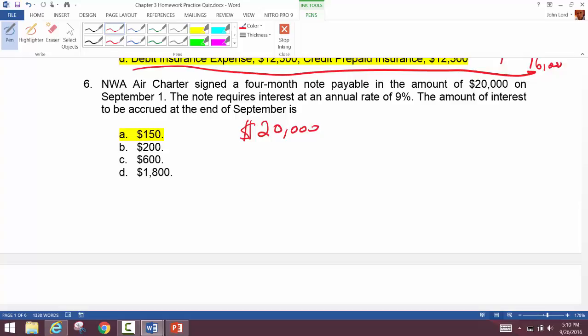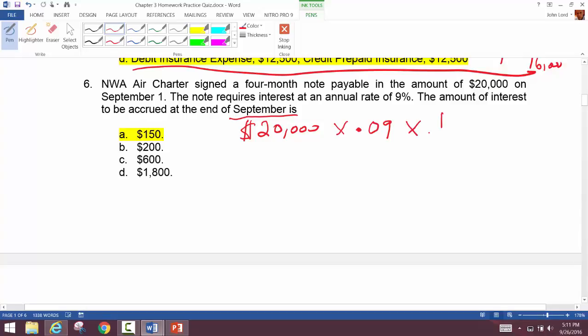Okay, so what do we have? We have this $20,000 note that we signed on September 1st, and the note requires interest at an annual rate of 9%. The amount of interest to be accrued at the end of September. So what happens? We only have 1 month going on here. So we take the $20,000. What's the interest rate? How do we represent the interest rate? 0.09. 0.9 would be a disaster. Don't sign that note. 0.09 times what?